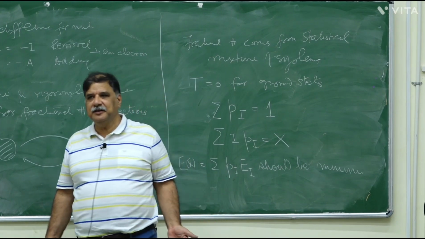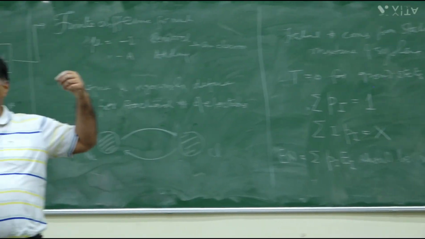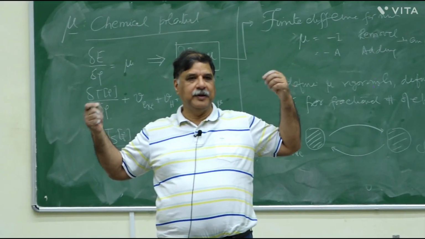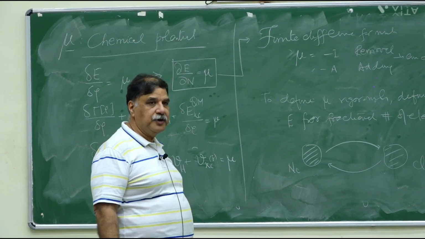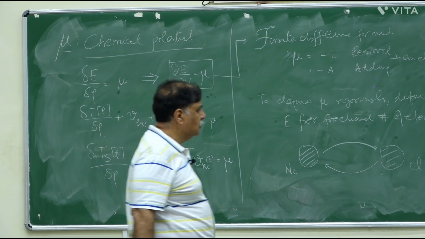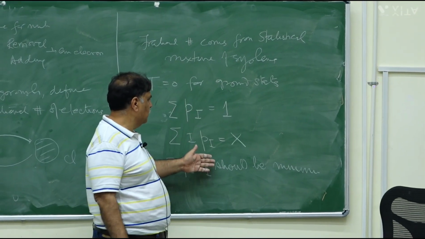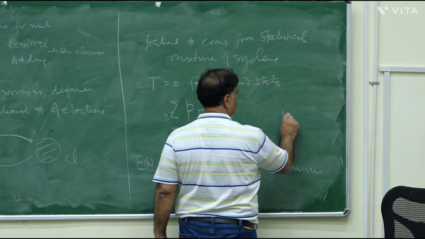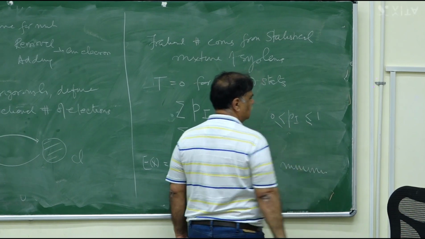How do I minimize a linear thing? A linear thing is always minimum or maximum at the end points. So what am I looking for? I'm looking for, given this number, what should it be? The P_i are restricted to these.